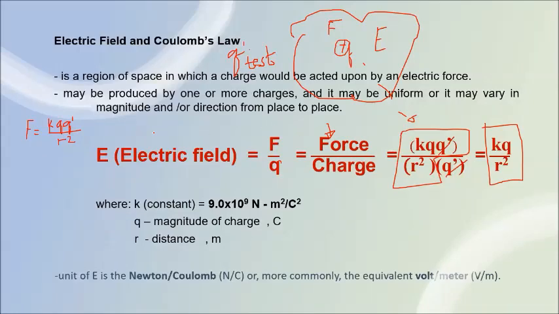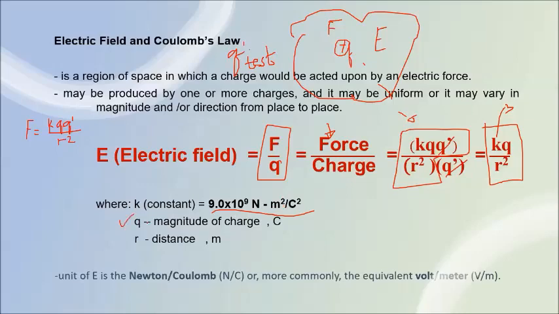So electric field again is equal to F over Q prime equal to KQ divided by R squared. So in K, constant ito from Coulomb's law. That's equivalent to 9 times 10 to the power of 9 newtons times square meter divided by Coulomb squared.